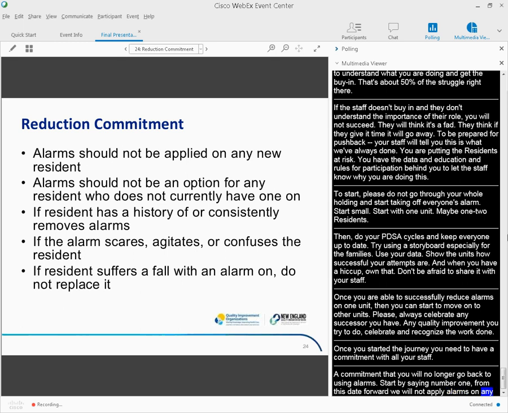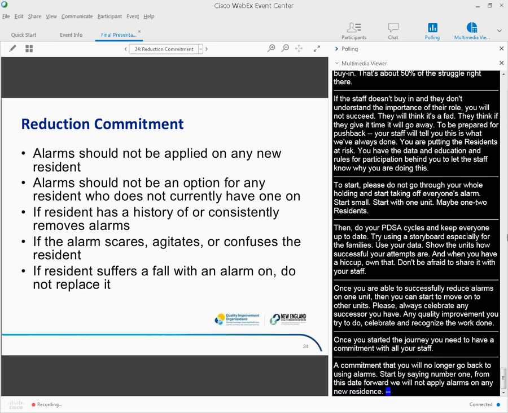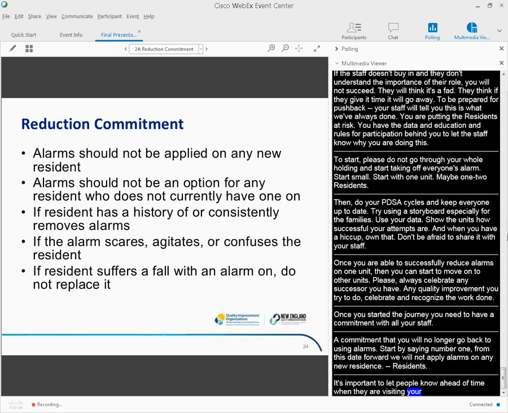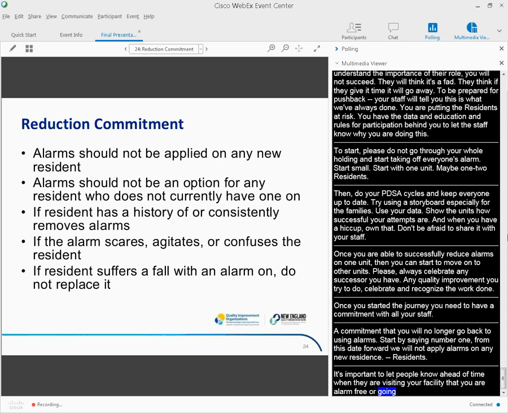And it's important to let people know ahead of time when they're shopping around and visiting your facility that you are either alarm-free or you're going alarm-free so that they are an educated consumer and they're making a right decision for themselves.